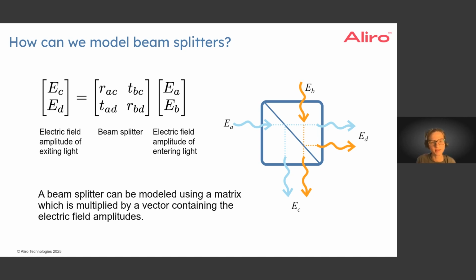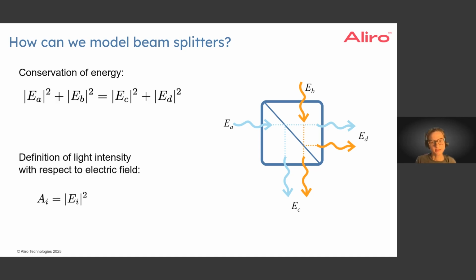In the end, that's going to equal this output vector, EC, where EC is telling you the total electric field of the light that's exiting the beam splitter from the bottom, and ED is going to tell you the total electric field of the light that's exiting to the right.